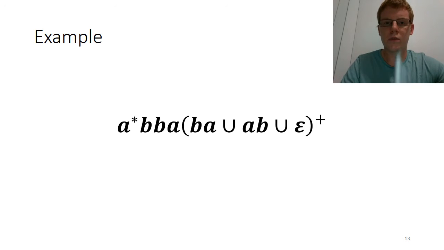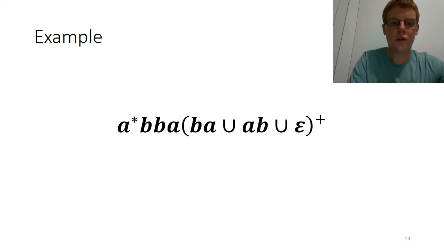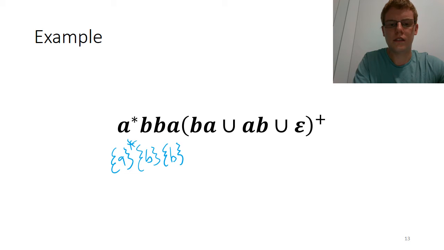Alright, so I promised you would be able to understand what this regex is. So, we can see that it is the language made up by first starting with an A, and that just represents the language consisting of one A, that Kleene starred, concatenated with a B, and another B, and an A, nothing complicated here.